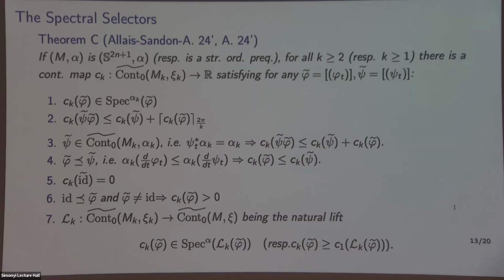So he was able to construct some action selectors for Hamiltonian isotopy of CPN. And then this would be, let's say, the generalization of this David Terre construction.